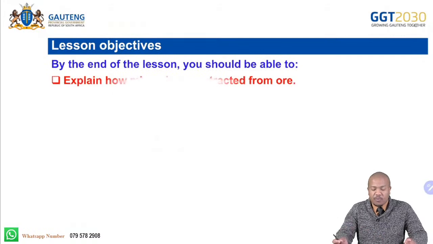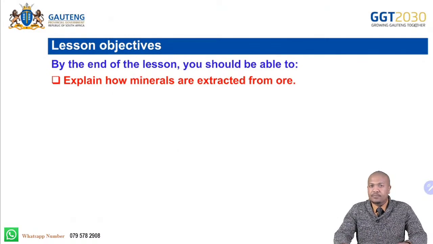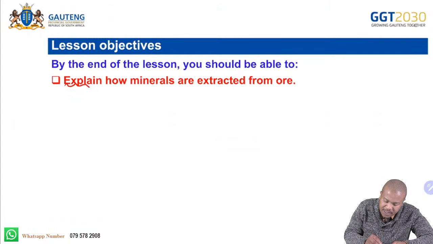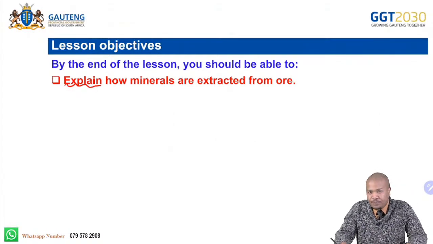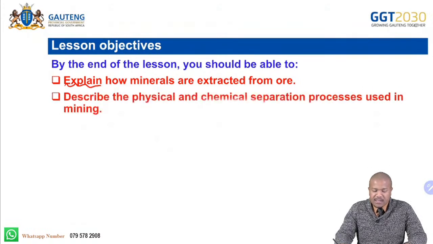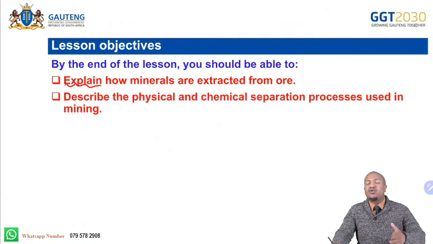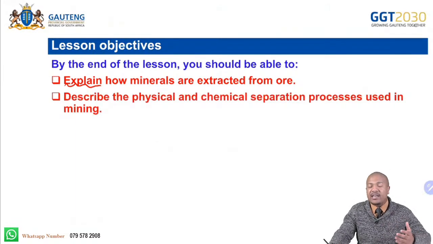Firstly, we should be able to explain how minerals are extracted from ore. Secondly, we need to be able to describe the physical and chemical separation processes that are used in mining.